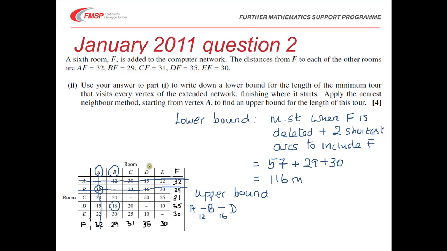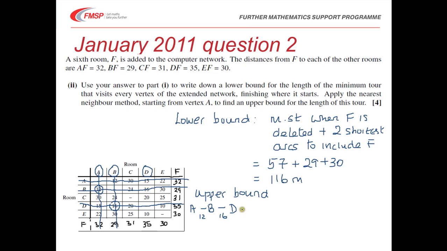So I'll put those in. We're now at D. So I will cross B, we can't use anymore, and I'll cross out D. Now we want to see where we're going to go from D. Well, we could go to C, which is 20, or E, which is 10, or F, which is 35.